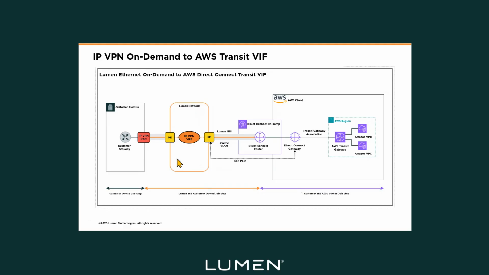From that network, we have what's called an NNI, or a network-to-network interface, that sits on our Lumen provider edge router on the MPLS network. And so what we created was a connection out of that provider edge NNI on the Lumen network into the direct connect router nearest to the region that we want to connect to.